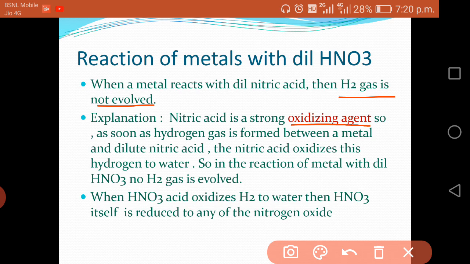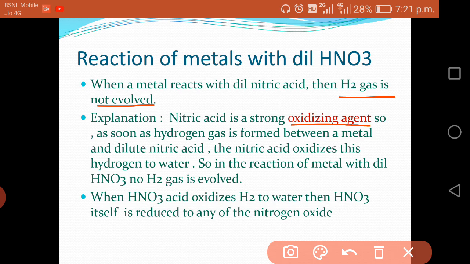As soon as hydrogen gas is formed in the reaction between a metal and dilute nitric acid, the nitric acid oxidizes this hydrogen to water. So in the reactions of metal with dilute nitric acid, no hydrogen gas is evolved.